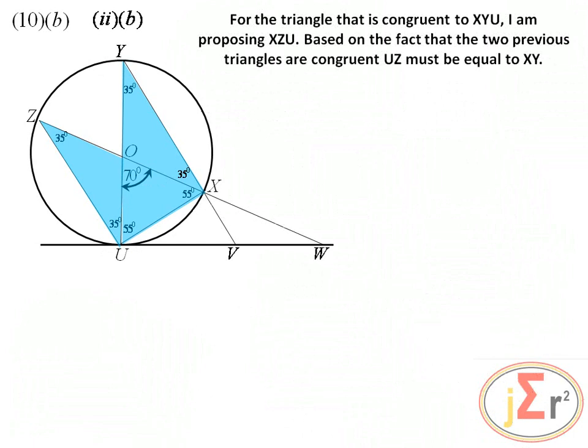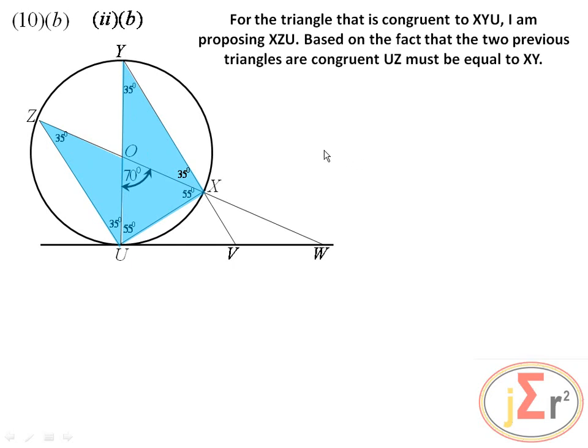For the triangle that is congruent to XYU, I am proposing XZU. So we have X, Y, U, and X, Z, U. We are proposing that those two are congruent.